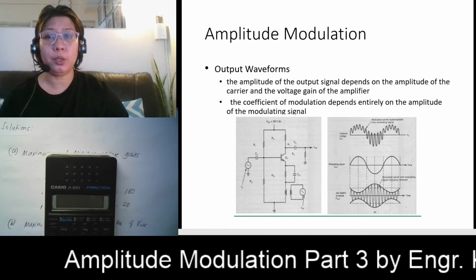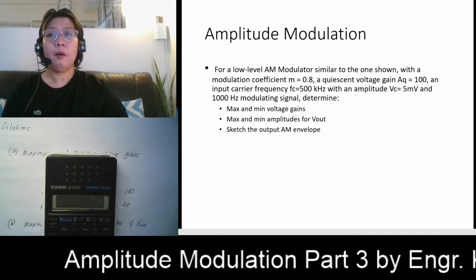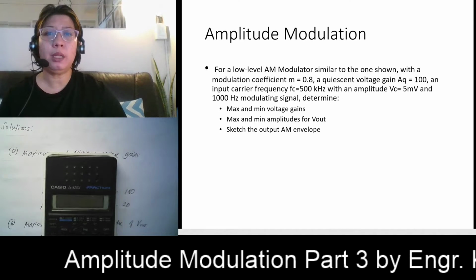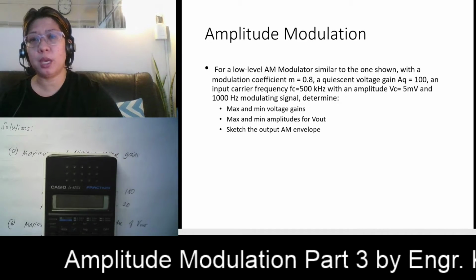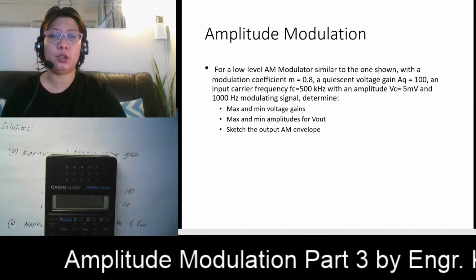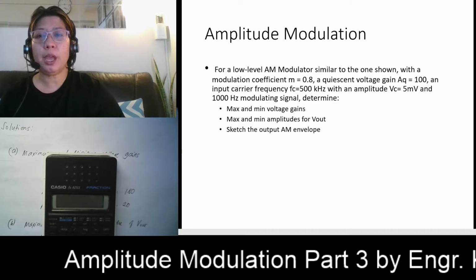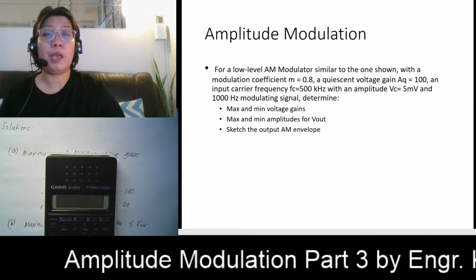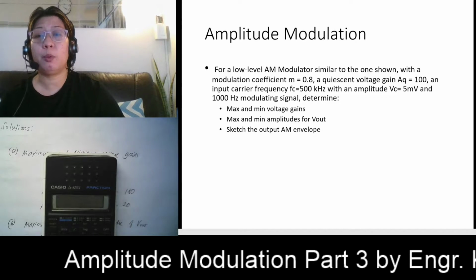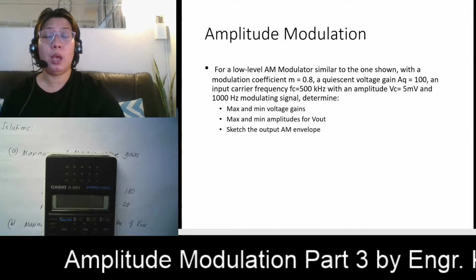So we have here an example. It says, for a low-level AM modulator similar to the one shown in our previous slide, with a modulation coefficient equal to 0.8 and a quiescent voltage gain equal to 100, an input carrier frequency fc of 500 kilohertz with an amplitude of 5 millivolts, and a 1000 hertz modulating signal, we are to determine the maximum and the minimum voltage gains and the maximum and the minimum amplitudes for V out, and sketch the output envelope.